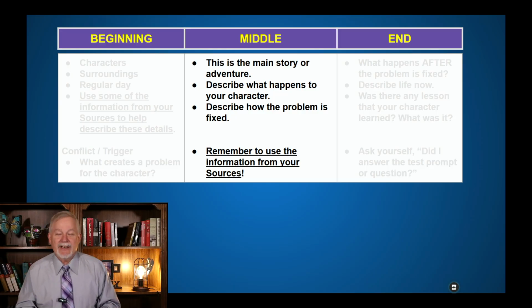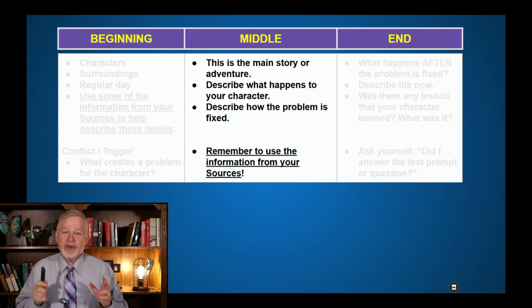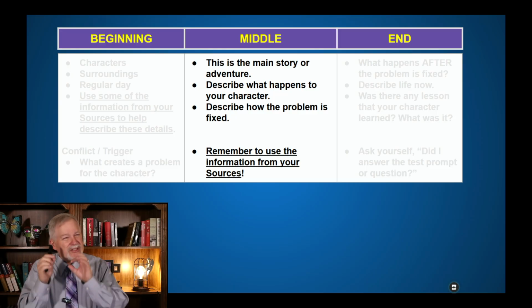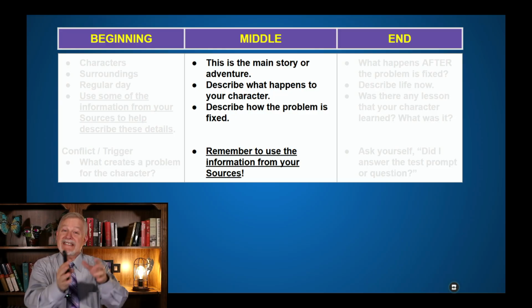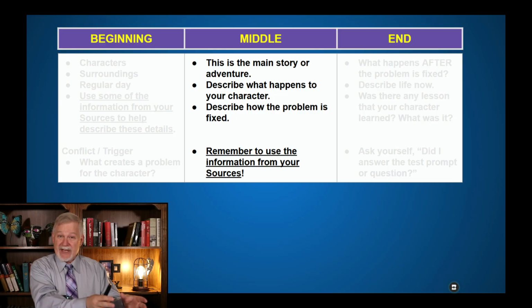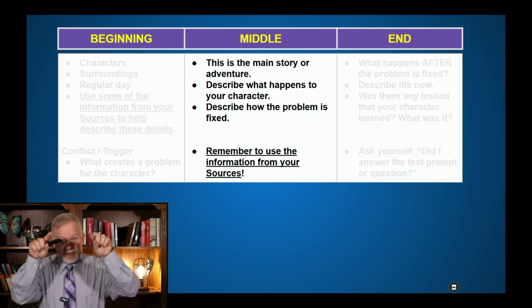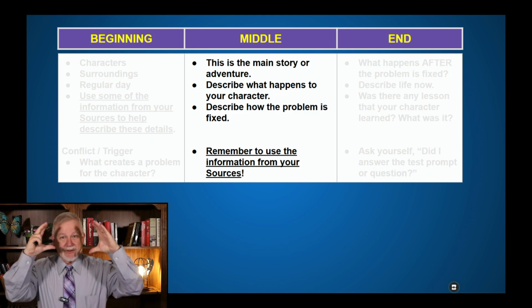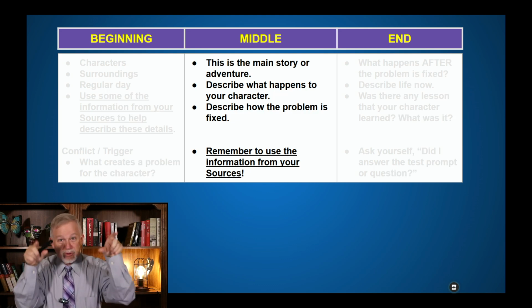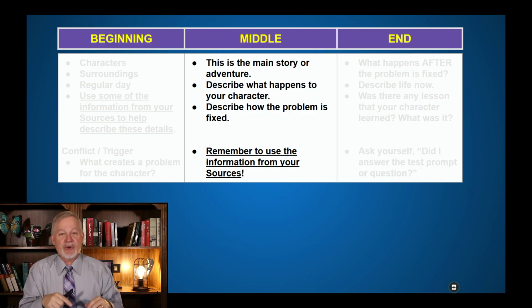Remember again, I'm going to say this again and again and again. Use information, use little details that you find in the sources, okay? And if you use some source, if you use some information, remember what we talked about last time, at the end of that sentence, put little brackets, the little parentheses, the little half circles kind of thing, and tell me what source that comes from.